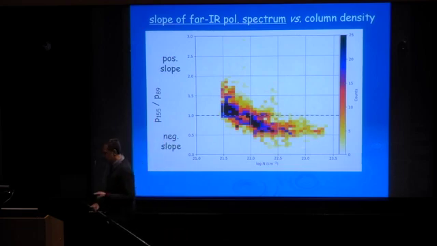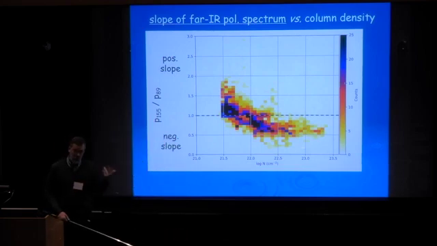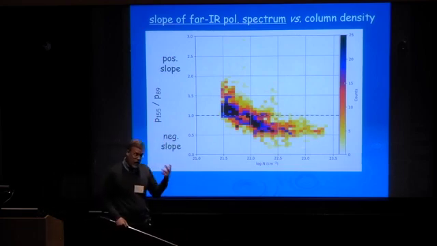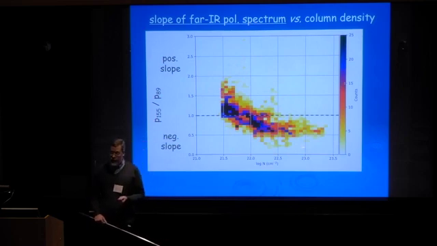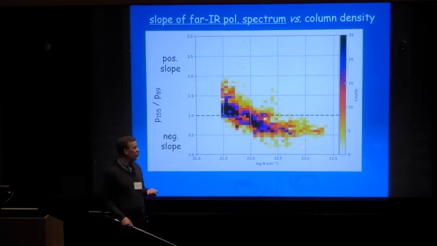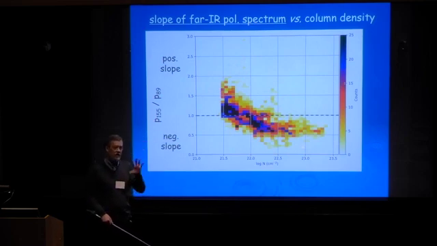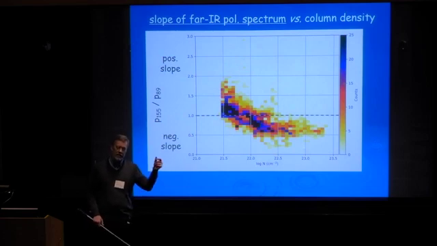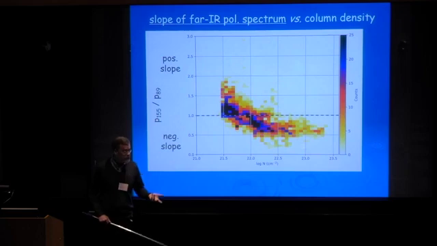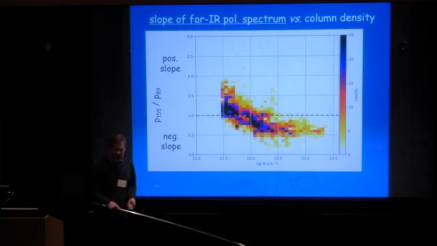You need two components, and you need these correlations between the parameters that govern the emission and the alignment of these different components. And if you think about these two particular components and what you would expect from the RATs theory, you do come up with an expectation that you'll get the negative slopes.